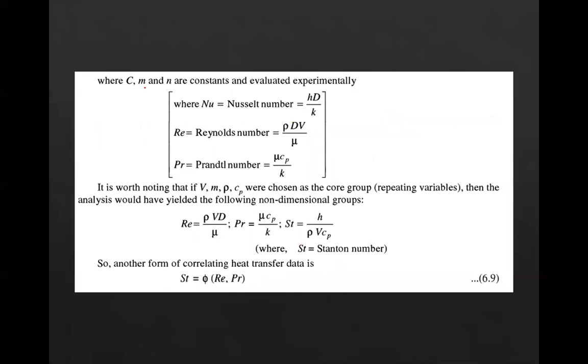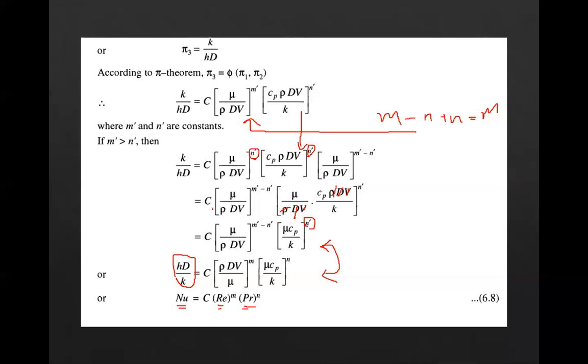Here C, m, and n are constants evaluated experimentally. You have to remember the Nusselt number, Reynolds number, and Prandtl number at this stage, then you will convert this whole equation.